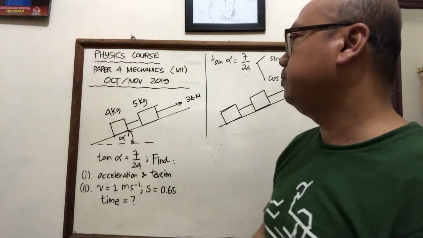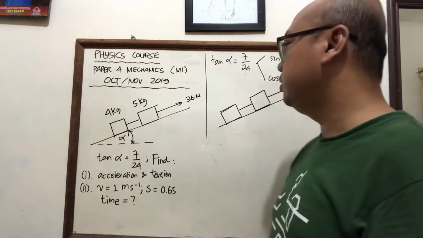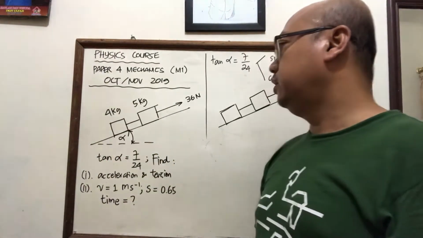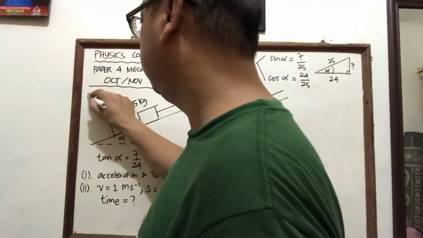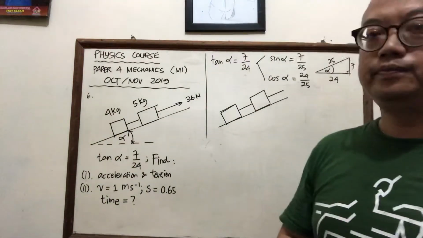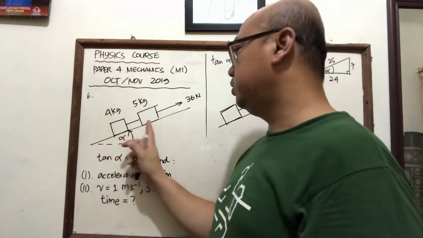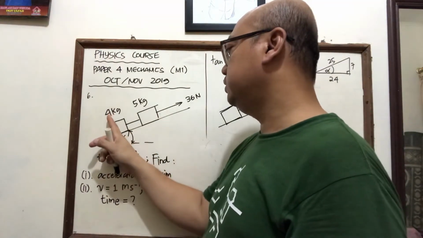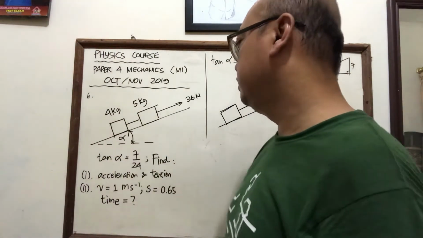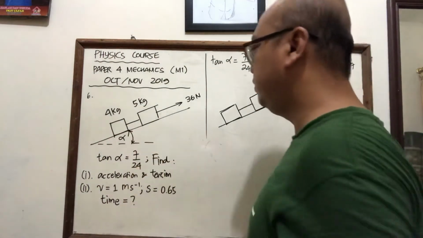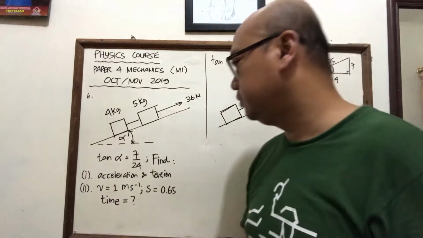Today I will solve a problem from Paper 4 Mechanics M1, October/November 2019. This is number 6, if I'm not mistaken. There are two blocks: mass one is 4 kilograms and mass two is 5 kilograms, and there is a pulling force of 36 Newton.